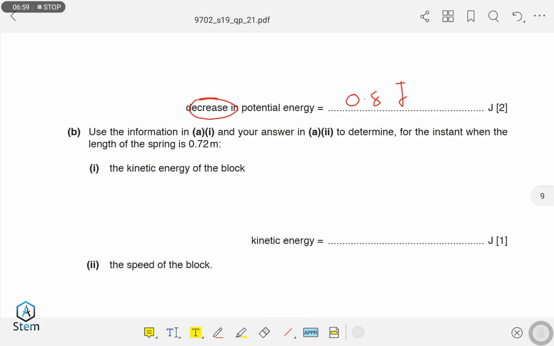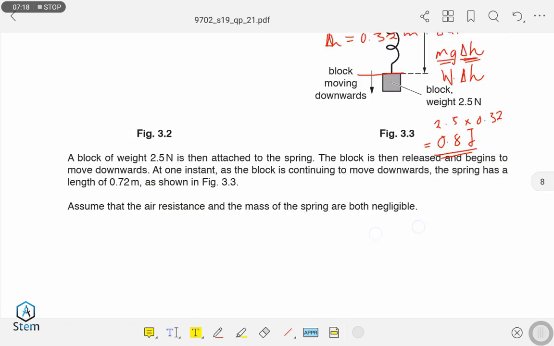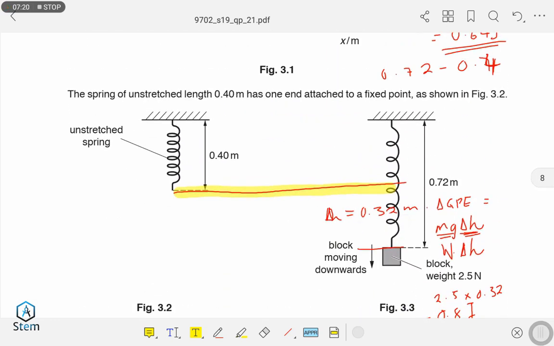Alright. Use the information in A1 and your answer in item 2 to determine, for the instant when the length of the spring is 0.72, the kinetic energy of the block. Alright, let's see our block and the answers which we have calculated.